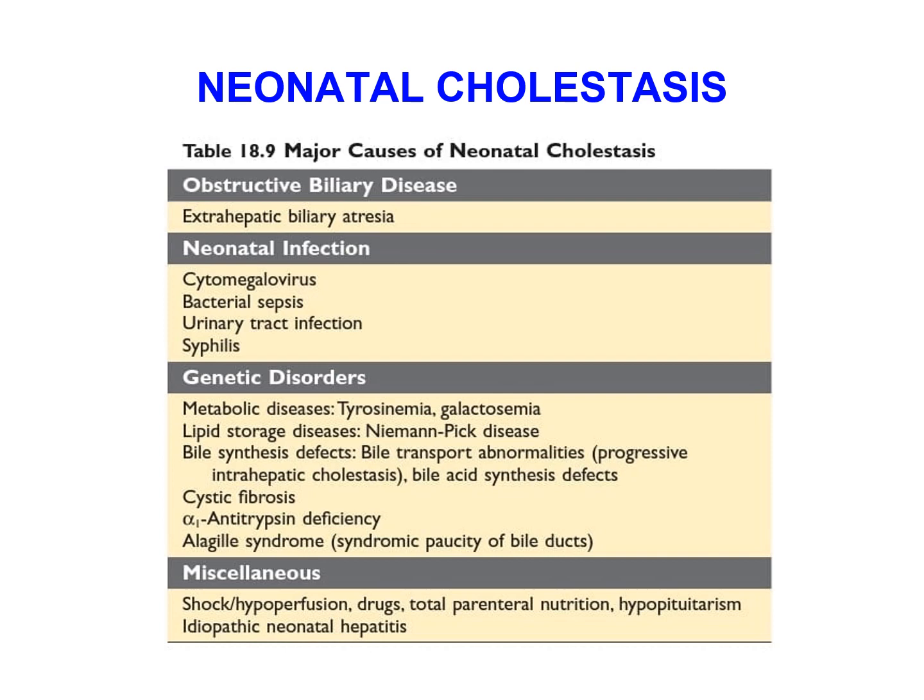We have obstructive biliary disease such as biliary atresia, and non-obstructive etiologies that include paucity of bile ducts, infectious or metabolic diseases, bile transporter defects, and of course idiopathic neonatal hepatitis. Now, with recent advances, the underlying etiology can be determined in up to 85 to 90% of the cases.